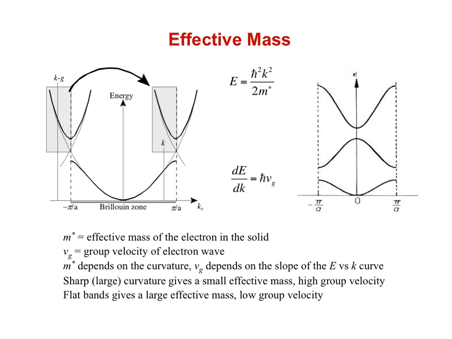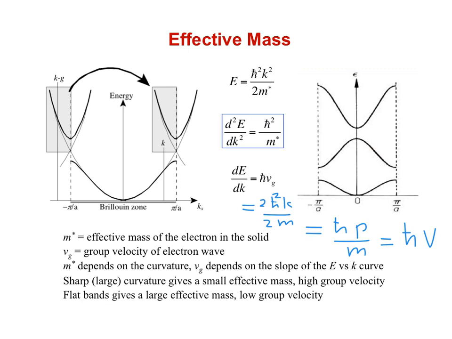If we take the first derivative, dE/dk, of our dispersion relation, we get 2 h bar squared k over 2m, which is h bar times momentum over m, which we recognize as h bar times velocity. This velocity is known as the group velocity of the electron wave and depends on the slope of the E versus k dispersion relation.